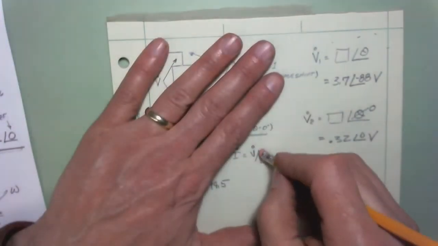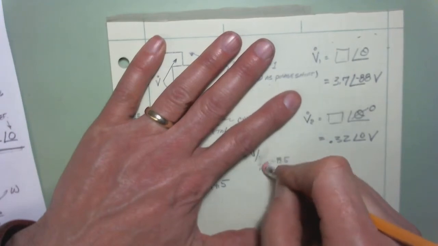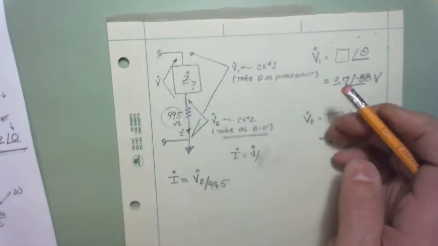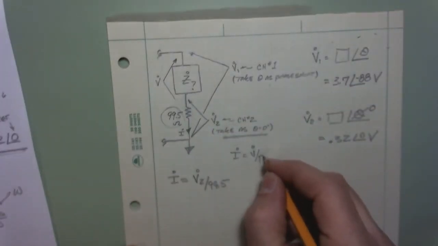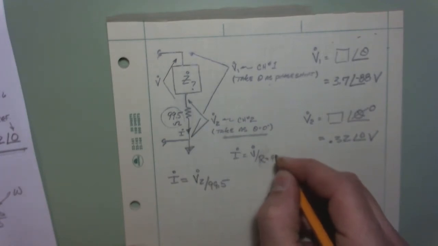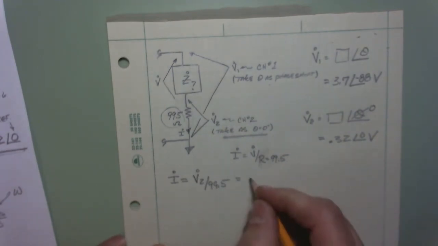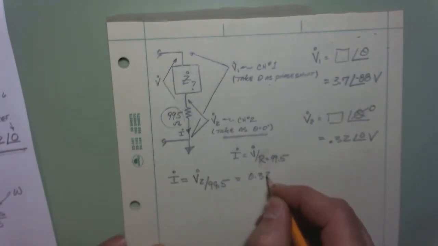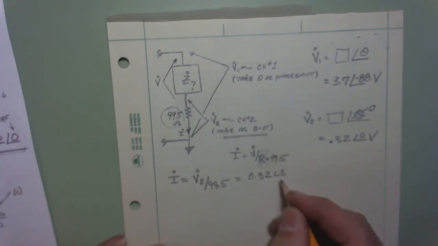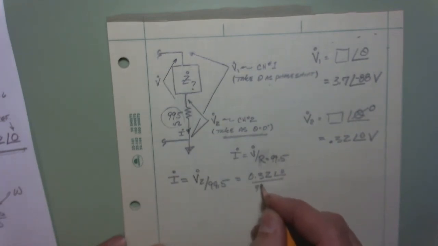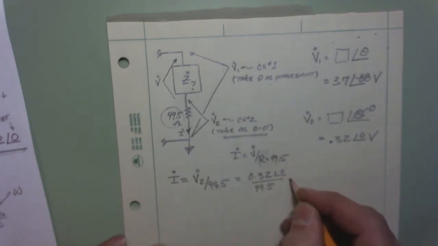In fact, I'm going to go back and maybe I subconsciously knew that I really wanted R. I wanted that 99.5. Okay, so let's do that. We'll put this 0.32 at 0 in here and divide by 99.5.